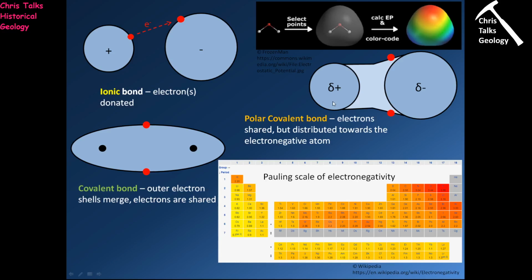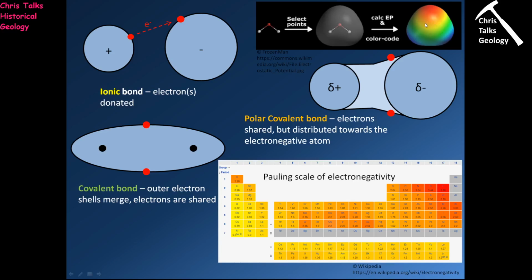And the classic example of a polar covalent bond is water. So if we look up here in the top right, you can see here we have water. We have an oxygen here and two hydrogens here in grey. This grey blob around them is showing the outer shell and the electrons being exchanged between these three atoms.